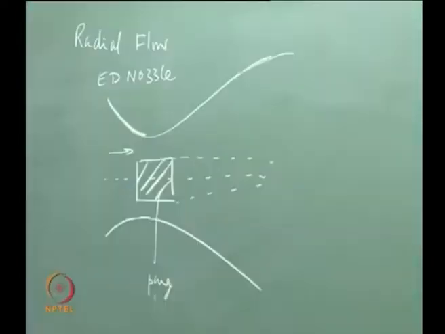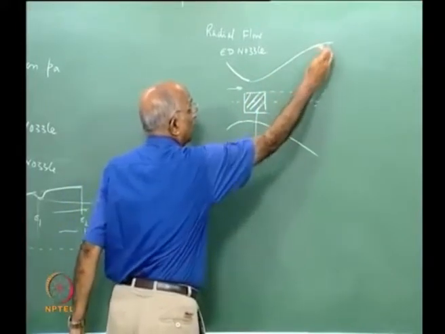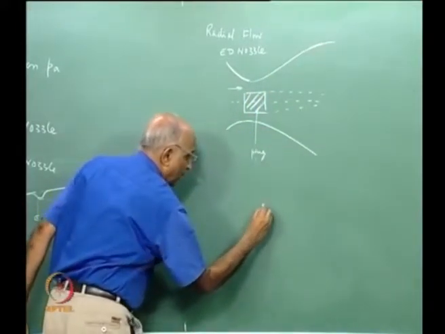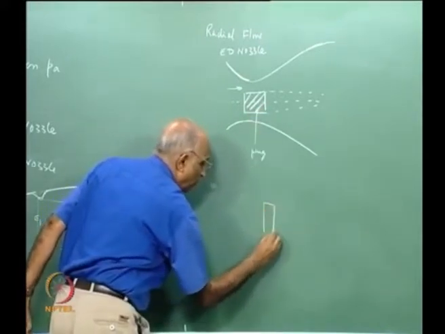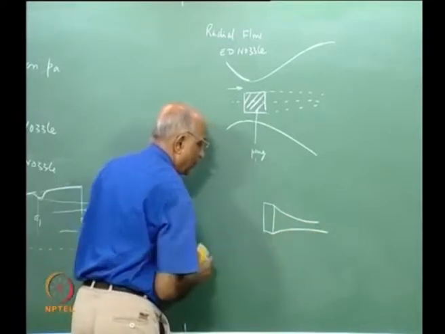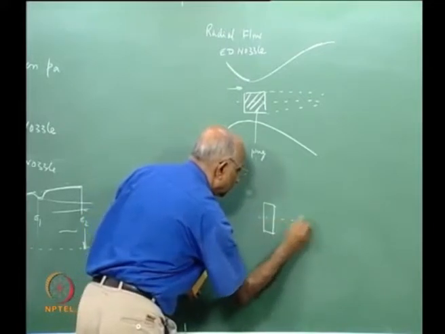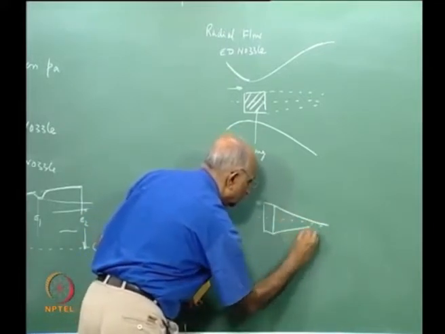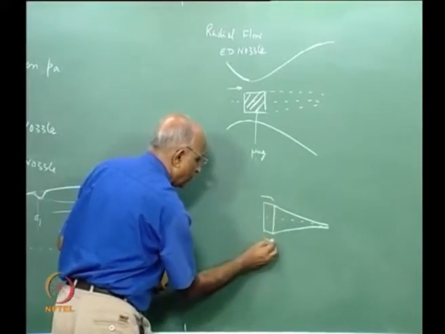As an extension of this, we could also have a nozzle where, instead of having a plug here and allowing the outer flow to go across a nozzle, I can have this plug in the form of, let us say, a contour over here, a center contour like this, and I bring the flow over here from the chamber.